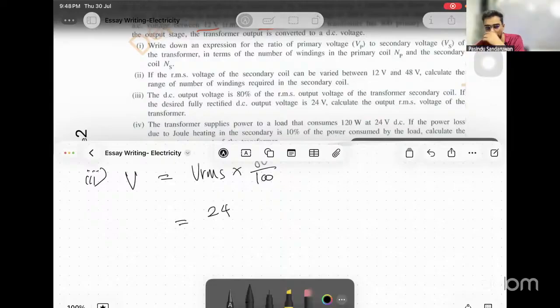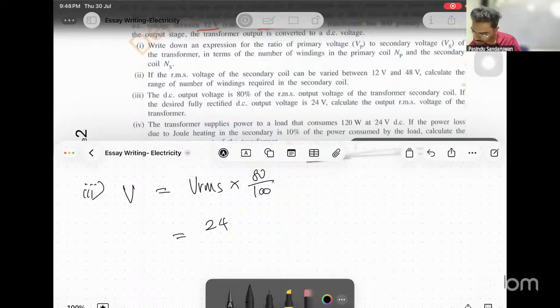Sorry, V is the 24, for the output voltage. VDC is 24. I need VRMS now.